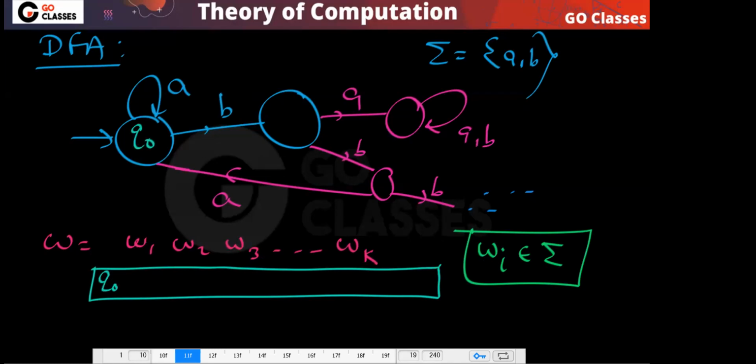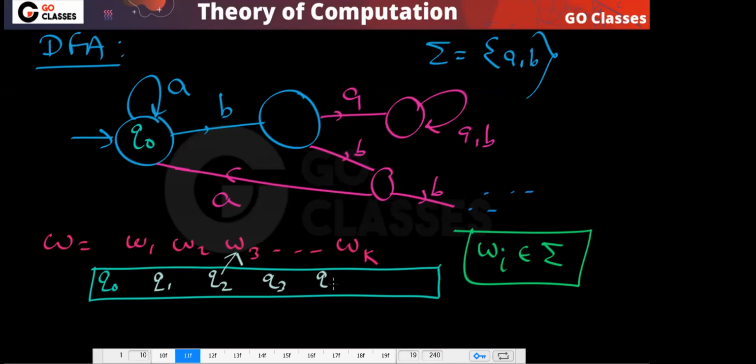And on every symbol, what will happen? On this symbol, the DFA will go to some state, exactly one state. Finally, I can say that the DFA will go to exactly one state.